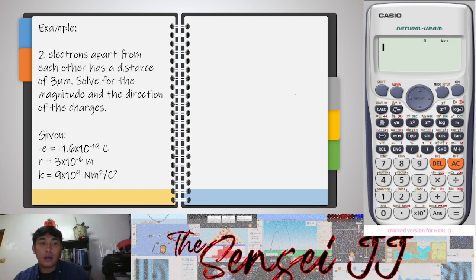Microcoulomb, 10 times 10 raised to negative 6, that is micro. And we have our K, our electrical constant, 9 times 10 raised to 9 newton square meter per coulomb squared. We will be solving for our electrical force and the direction of the charges.